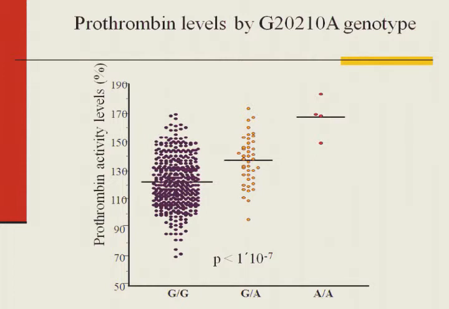These lines here are drawn in at the mean for each group, and we're attempting to draw a regression line through that and say, is that different from 0? Are the means really the same for these groups, or do they differ from each other? Since I'm using an additive genetic model and attempting to draw one line here, I'm sort of forcing this middle group to be halfway between the others. And as it turns out, that's not a bad fit.